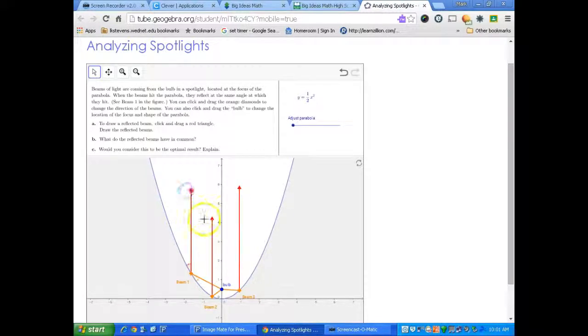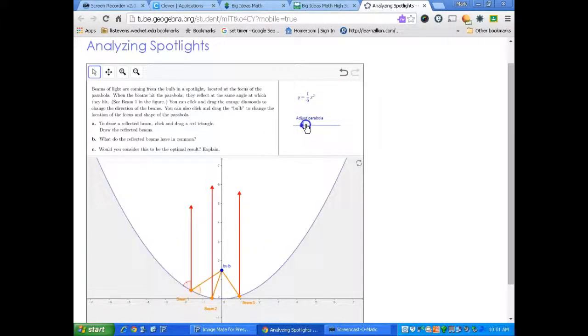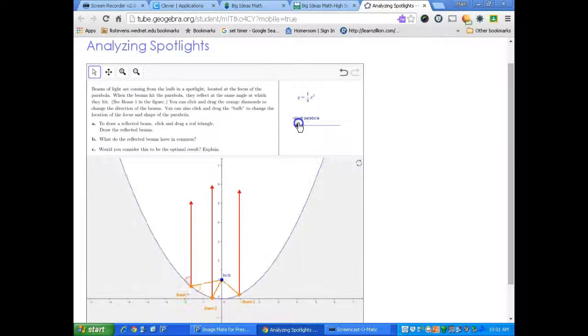Matt: They are parallel lines. So the light from the bulb hits the outside of the parabola and reflects the light outward. So it's giving you a focused beam of light. All your light rays are going outward in parallel lines.